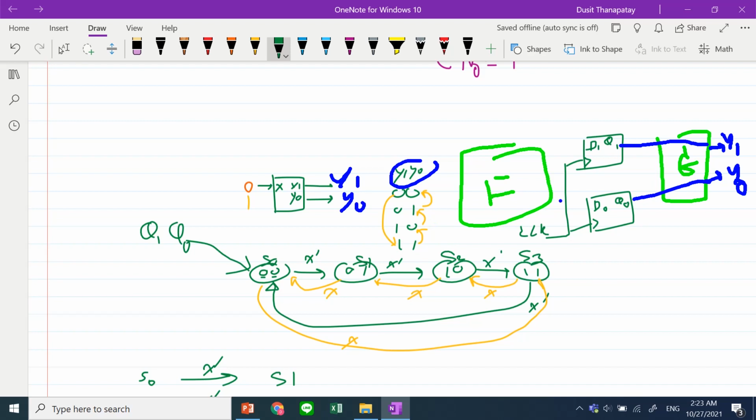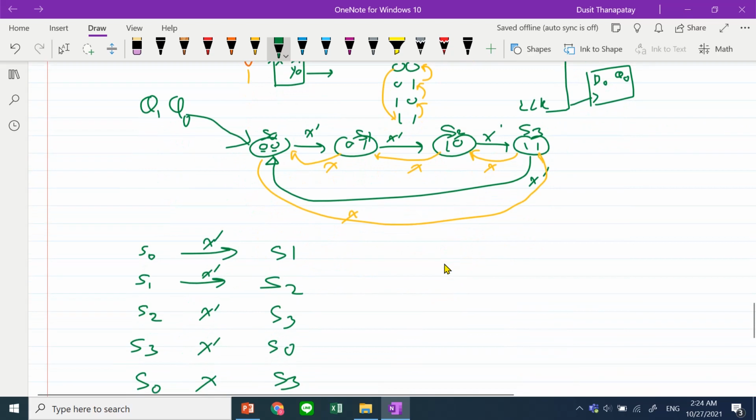Namely, if I assign 0, 0 for the state that gives the output y1, y0 as 0, 0, that means the equation for G is y1 equal to q1 and y0 equal to q0. So it's easy, right?